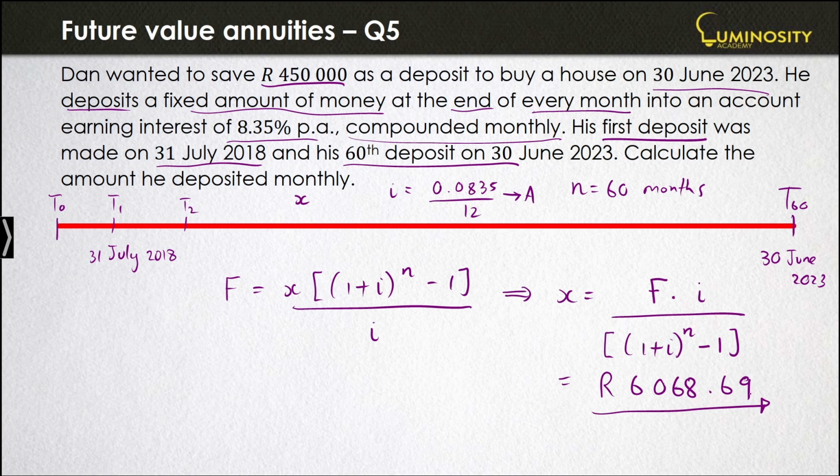All right, so when we do these types of future value annuity questions, what's really important is that we are identifying all the key variables correctly. F being the future value, how much you are saving up towards. X being the regular deposits or installments or payments that you are making to save up for that future value. I being the interest rate, noticing whether it's an effective or nominal interest rate depending on the time period given.